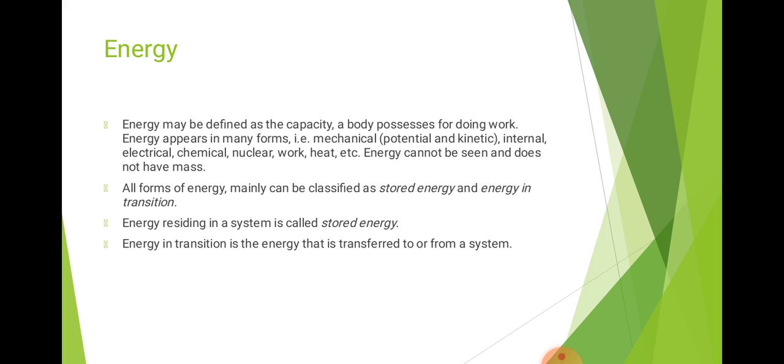Energy appears in many forms: mechanical, containing two types, potential energy and kinetic energy; then internal energy, electrical, chemical, nuclear, work, heat, etc. Energy cannot be seen and does not have a mass.